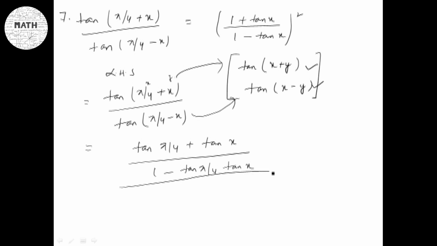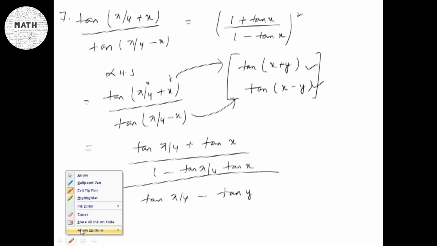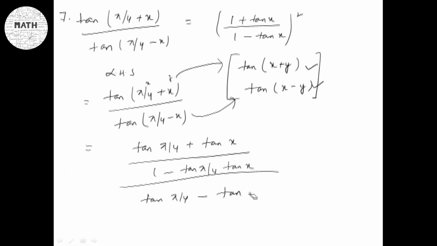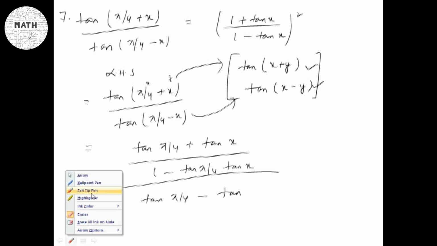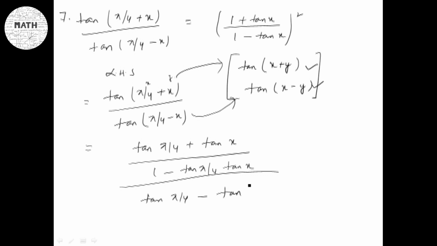Similarly for the next one, that will be tan x minus tan y, sorry, my bad, divided by 1 plus tan x tan y.